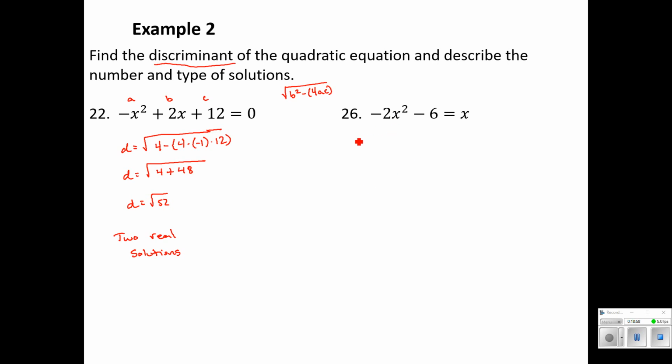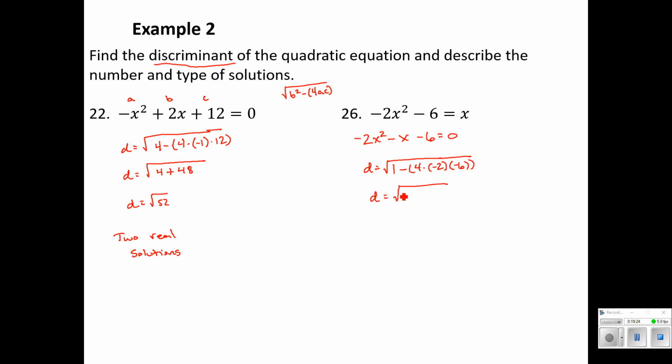Number 26, let's get that set up in standard form. We need to subtract that x from both sides and put it in the proper order. My discriminant is going to equal square root of b squared. My b is negative 1, so if I square that, it'll be positive 1, minus 4 times a times c. All right, so we clean that up.